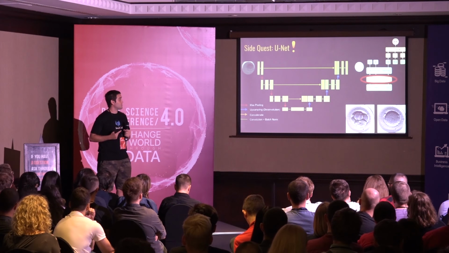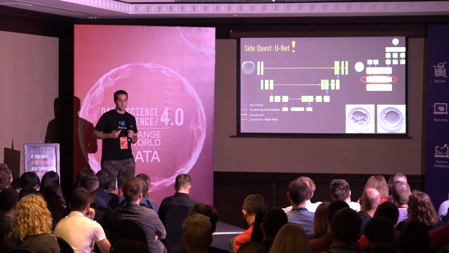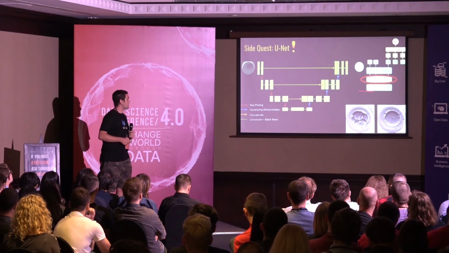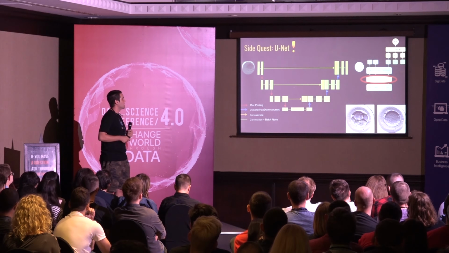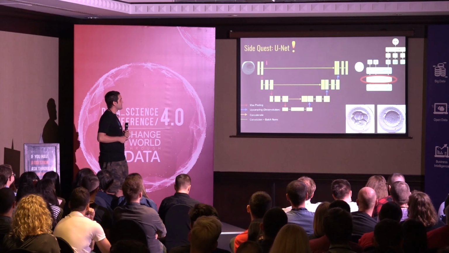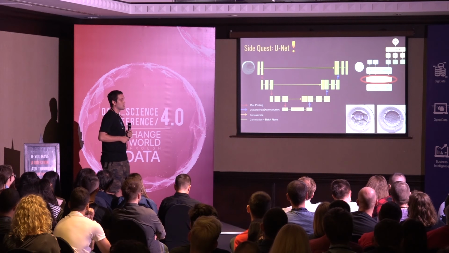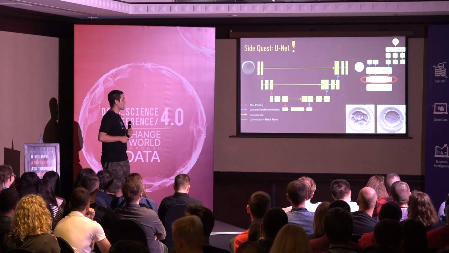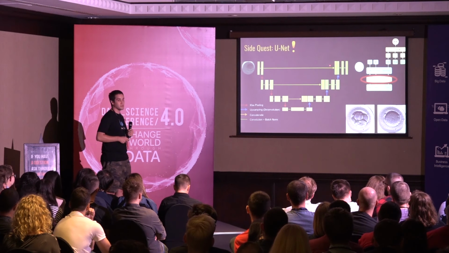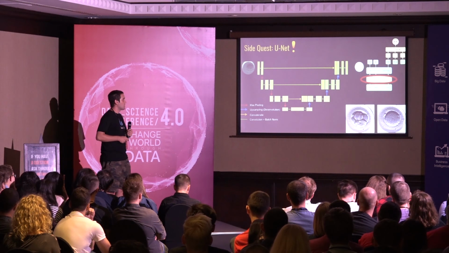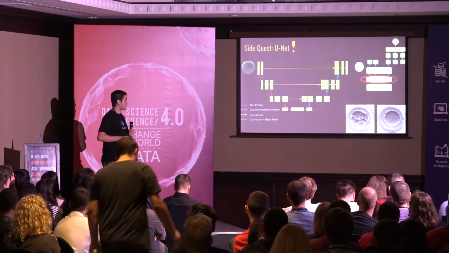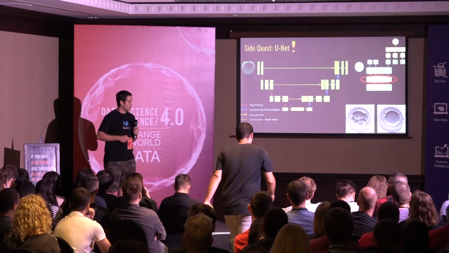And the second thing which makes UNet cool is that it has these skip connections. It directly transfers output from convolutional layers into later decoder layers and concatenates it. So this is cool.